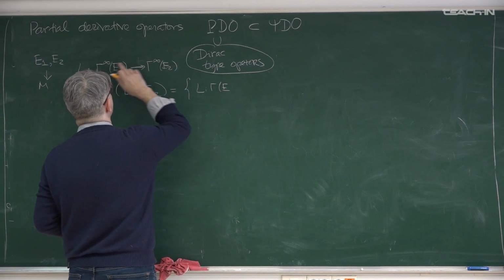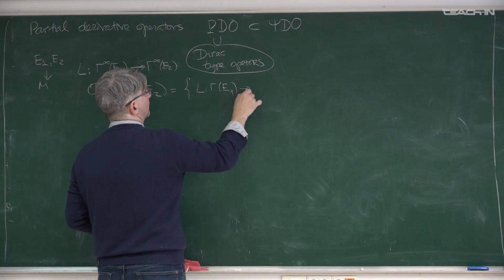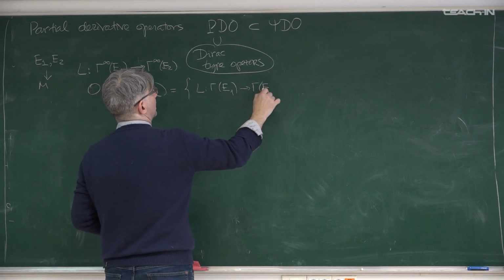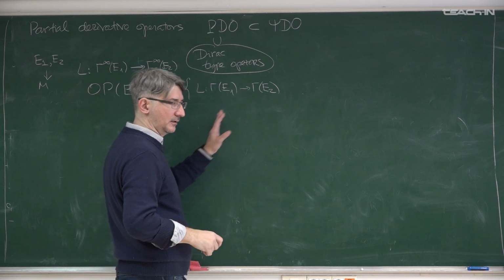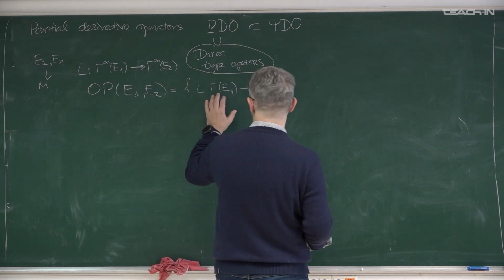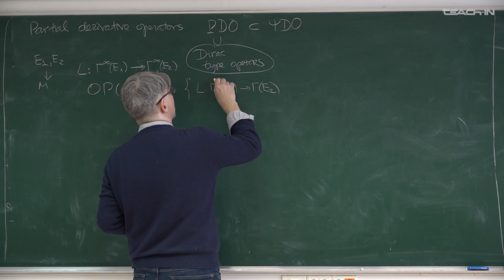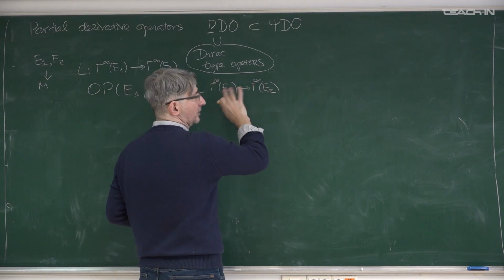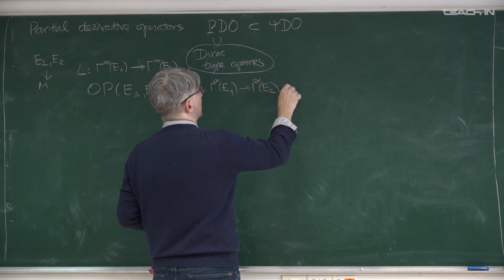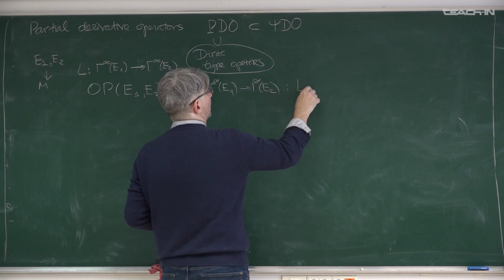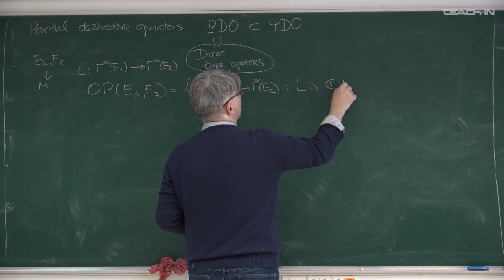I will not write infinity here sometimes. From time to time I will forget about infinity. So L is C linear.